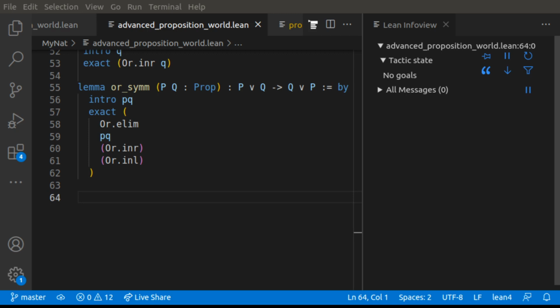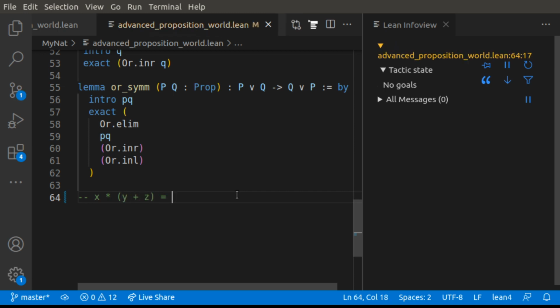Today we're going to continue in the advanced proposition world and move on to level 8, or distributive law. Just like we know that x times (y plus z) is equal to x times y plus x times z, the distributivity of multiplication over addition, we have a similar rule for ands and ors.